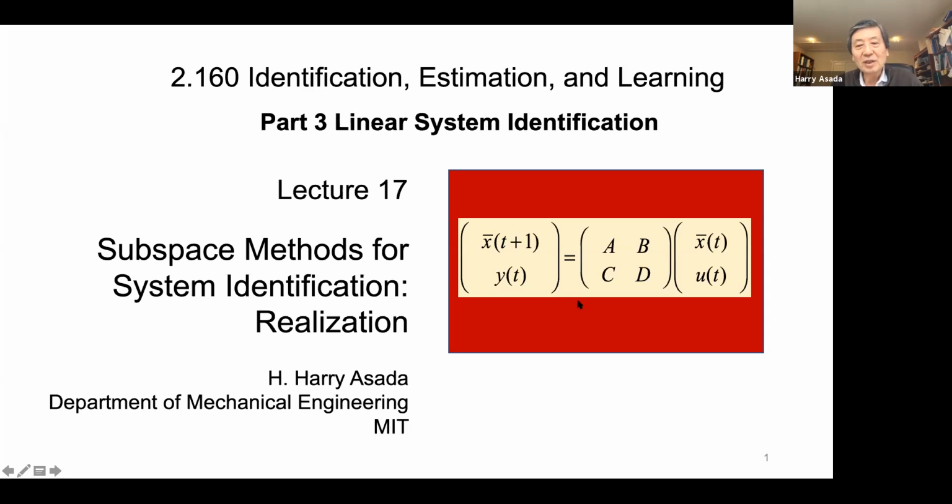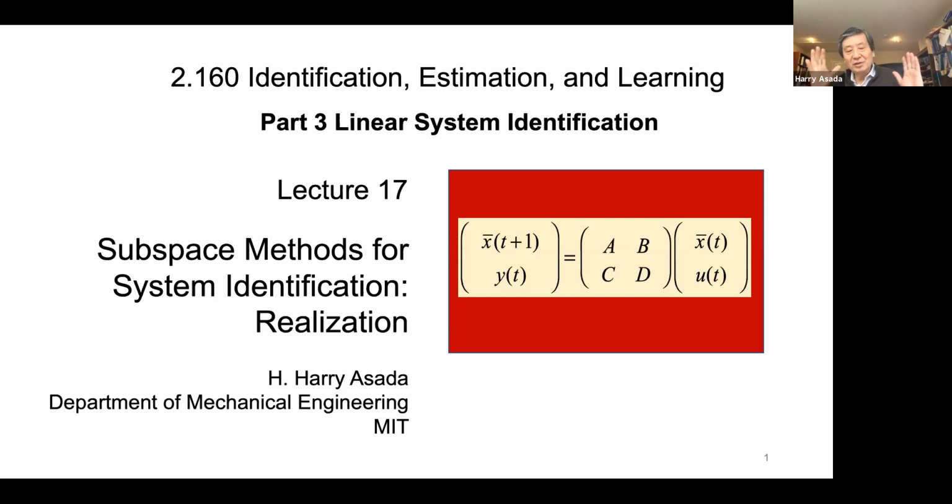we've been dealing with the state space representation, in Kalman filter in particular. But we haven't done the identification part of systems represented in a state space. So this subspace method is the method that you should use for getting the state space representation.